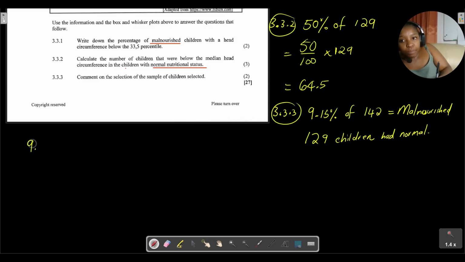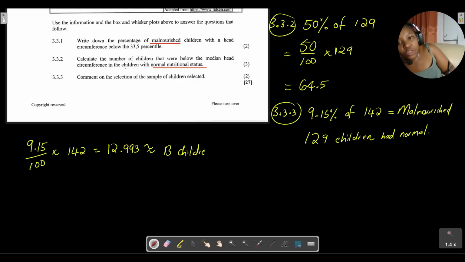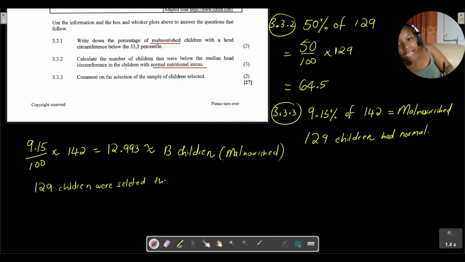So what is 9.15 over 100 multiplied by 142? You get 12.993, which is approximately 13 children. 13 children were selected that were malnourished, and 129 children were selected that had a normal nutritional status.